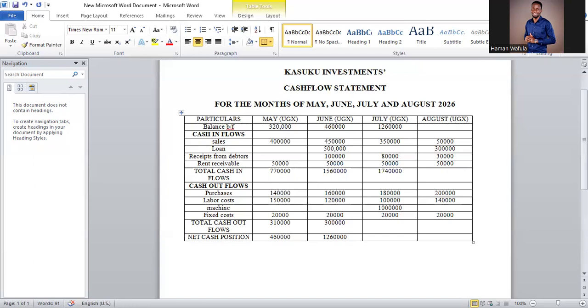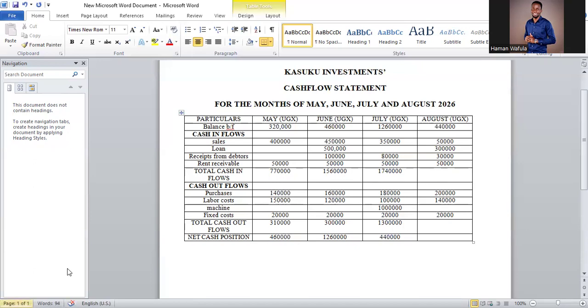Total cash outflows we have 180,000 plus 100,000 plus 1 million plus 20,000, that is 1.3 million. So in the subtraction we shall have 440,000. So it will be cash balance for August, 440,000.